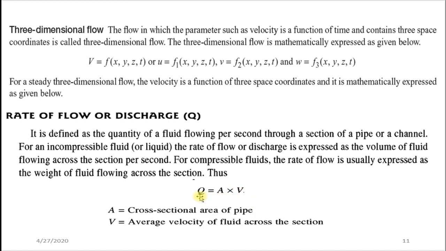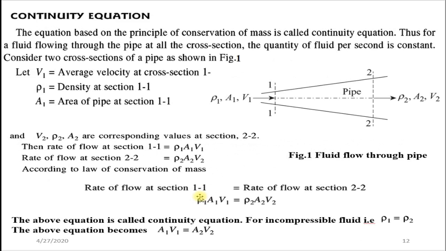Now coming to continuity equation or conservation of mass. Here we have to consider fluid flow through a pipe which has two cross sections, 1,1 and 2,2.